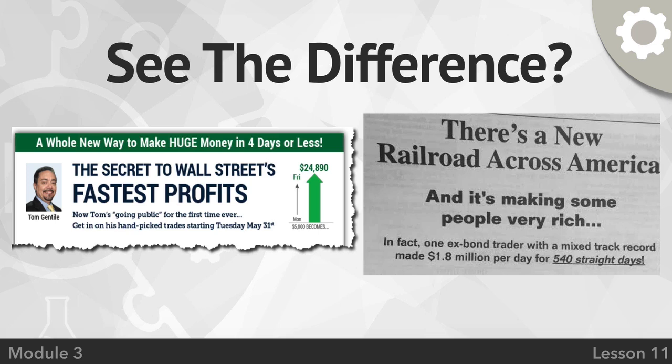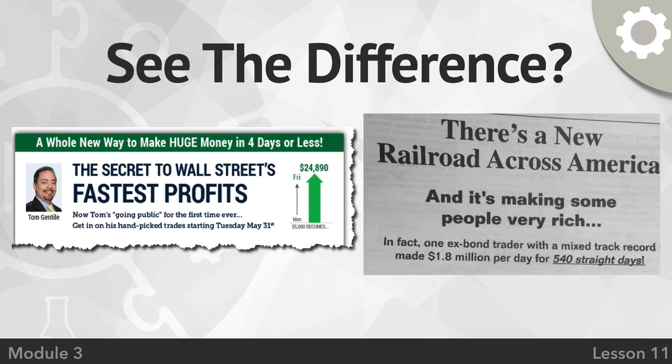Now, the ad on the right is from Porter Stansberry at Stansberry Research from well over a decade ago. This is also selling a $47 a year newsletter. But look at the difference in idea between these two. And I just want you to start to kind of see this and feel this, because we're going to get into the nitty-gritty details of how you construct a big idea in just a second.